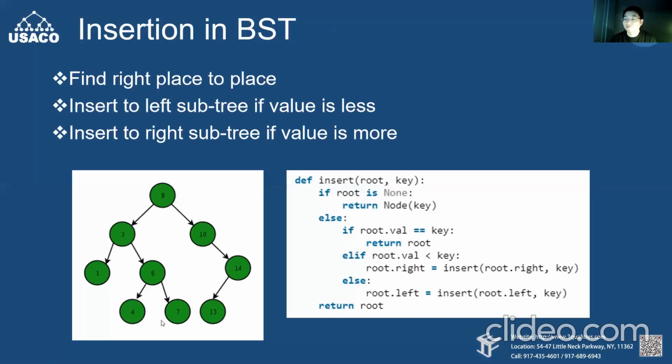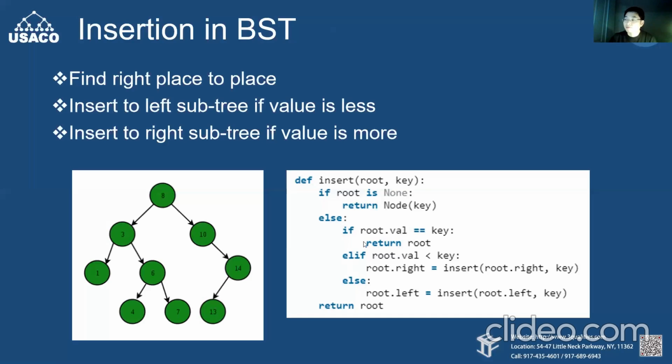And if the root is not none, what does that mean? It means we are checking some existing node in the tree. Then I'm going to check the value. Why am I going to check the value? Because the BST tree has the value rule: left smaller than middle, smaller than right.